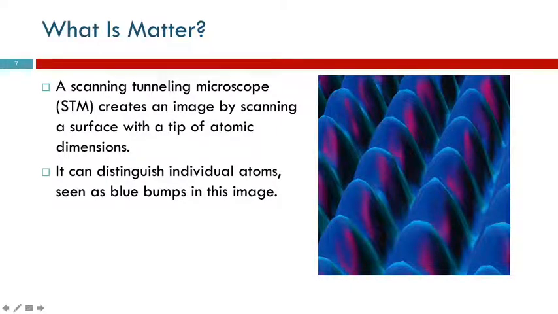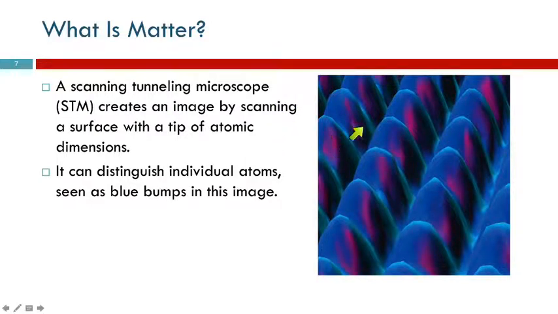So I showed you that picture of the kanji characters made out of atoms. Here's where we get to talk about it a little bit more. A scanning tunneling microscope creates an image by scanning a surface with the tip of a little probe that has atomic dimensions, incredibly small. The tip is moved across the surface, and they monitor the current between the surface and the tip and keep it constant.